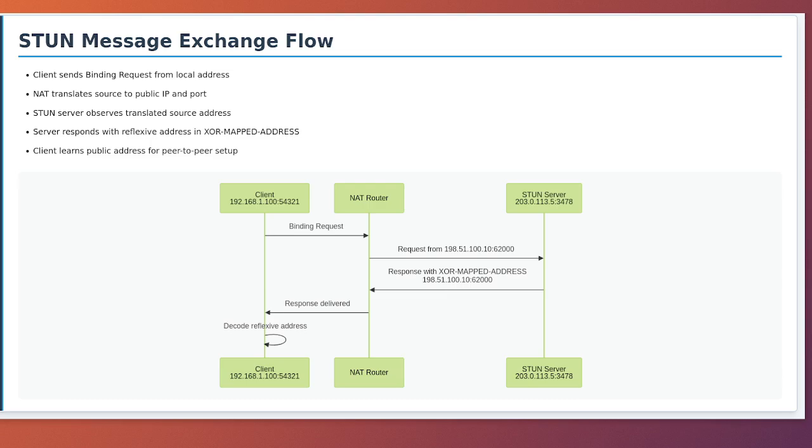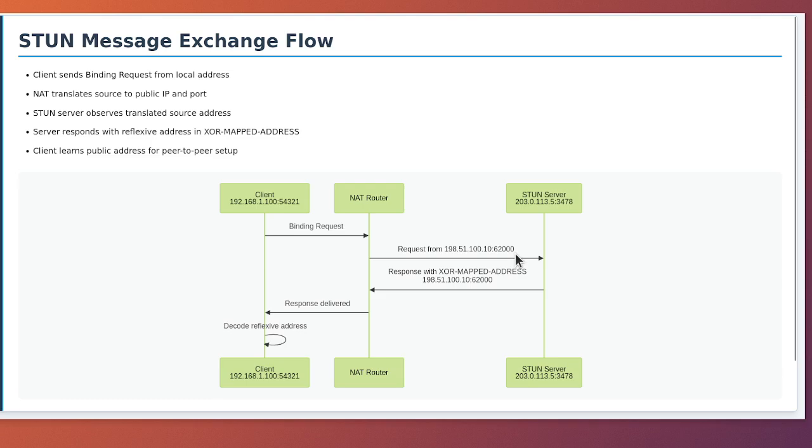The client sends this request from its local IP address and port. For example, 192.168.1.100, port 54321. As the packet traverses the network and passes through the NAT device, the source address gets translated. If the NAT is performing port-restricted cone NAT, it might map this to 198.51.100.10, port 62000.